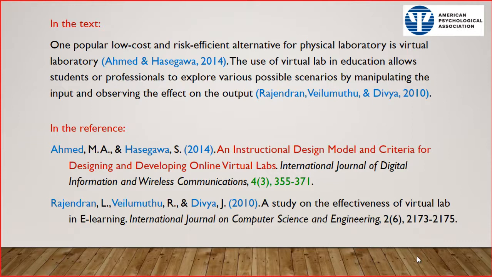So there are two parts when you cite: one is in the text, one is in the reference. Here in this slide, I put everything, top and bottom, in one slide just to show you, but these are actually different places.